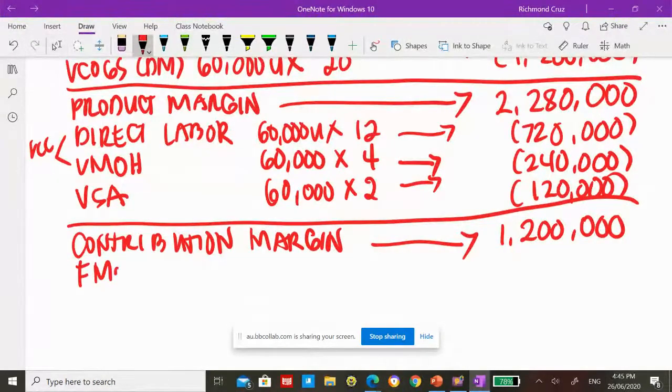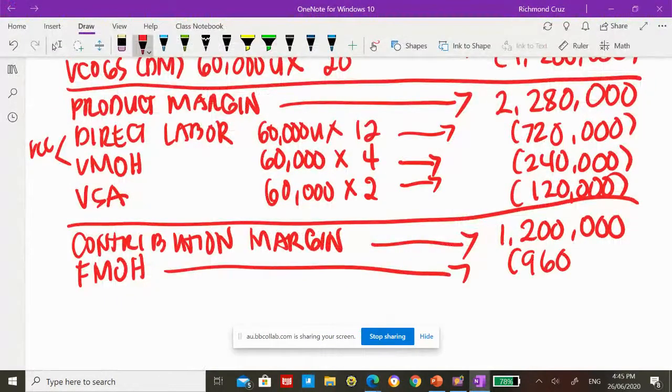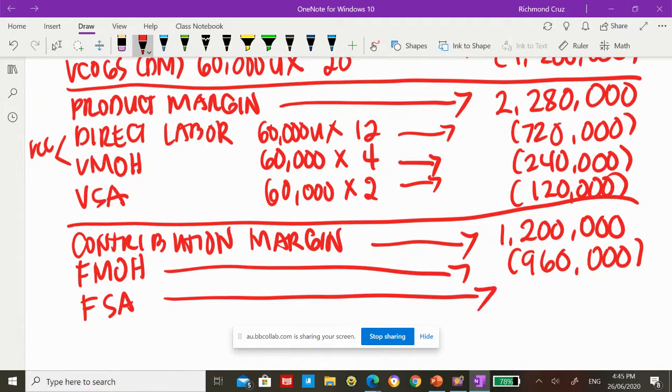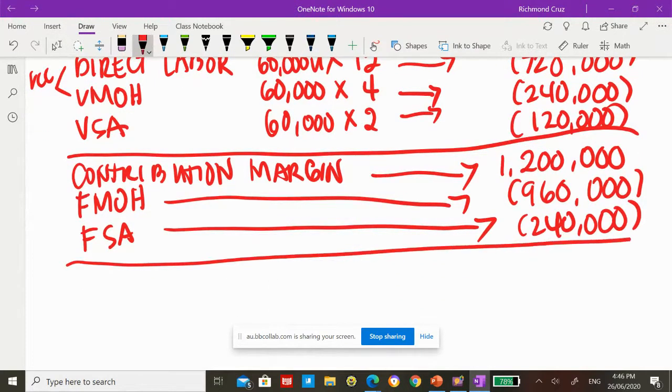So we have the fixed manufacturing overhead, and that will total 960,000. And also the fixed selling and admin expense, which is 240,000. And the net amount will be the operating income, or the income from operation.